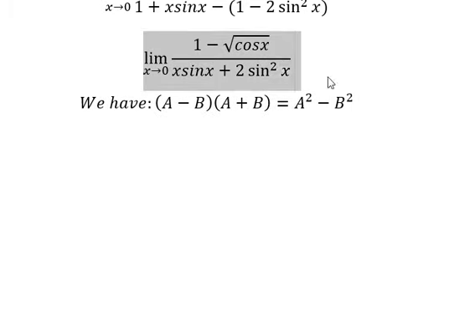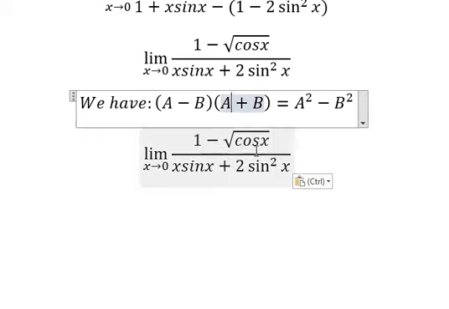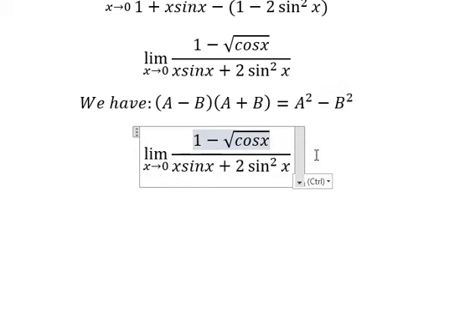Because we want to cancel the square root, we need to multiply by a plus b, because this one is a minus b. So to create a squared minus b squared, we need to multiply by a plus b on the numerator and denominator.